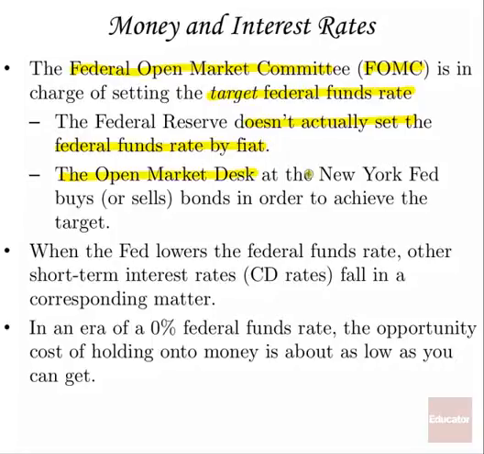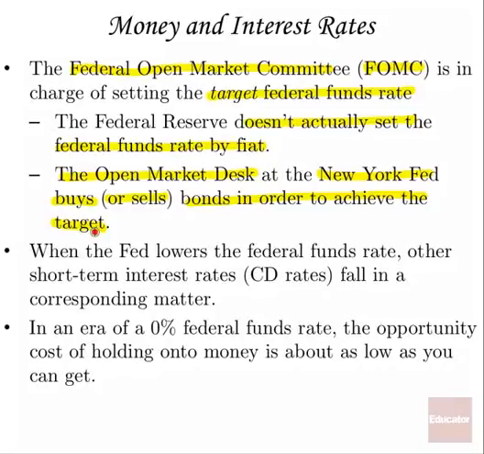So the open market desk at the New York Fed buys or sells bonds in order to achieve the target. As I mentioned before, the Federal Reserve District of New York holds a special place. They're the permanent members on the FOMC.